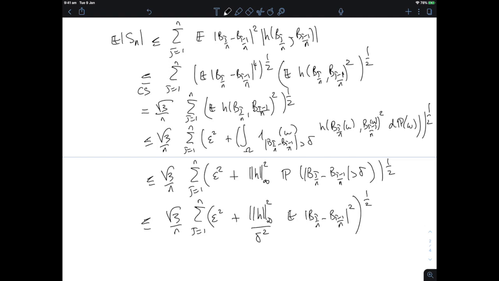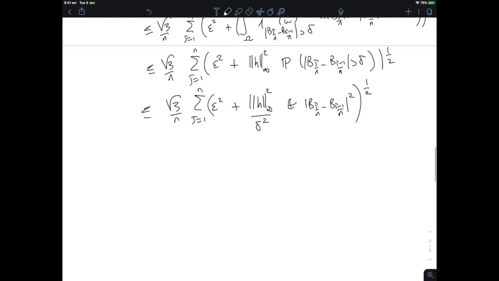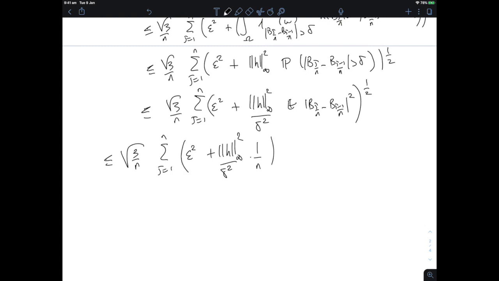Okay, so what do we get now? We get that this is smaller than square root of 3 upon n, sum from j equals 1 to n of epsilon squared plus the sup norm of h squared divided by delta squared times 1 upon n. And then all of that is raised to the power 1/2.